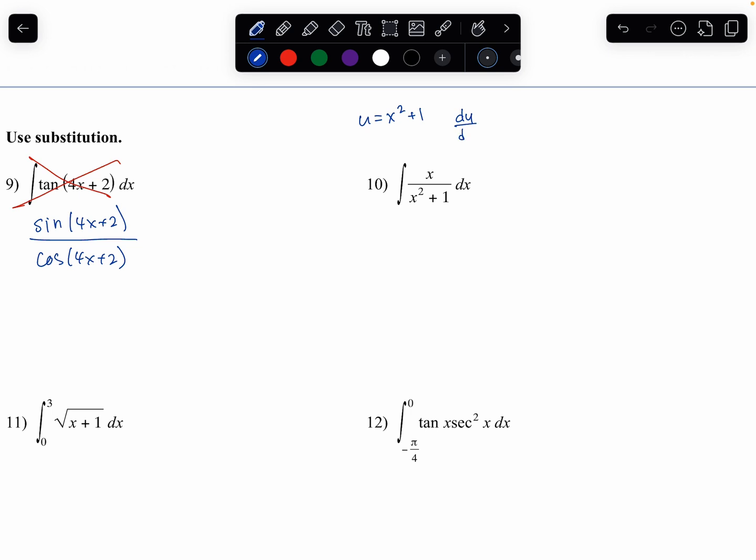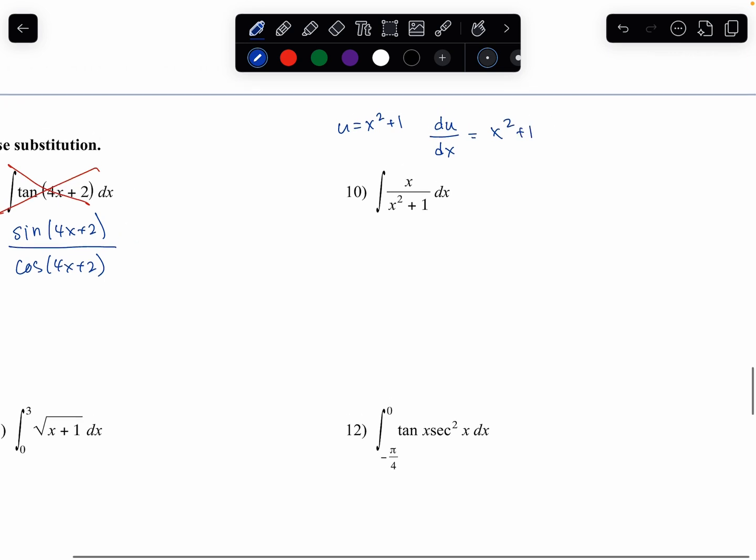Du, sorry, this is for A4. I need to apparently work on my u's. Du dx is equal to x squared plus 1. And then that would mean that dx is equal to du over x squared plus 1.